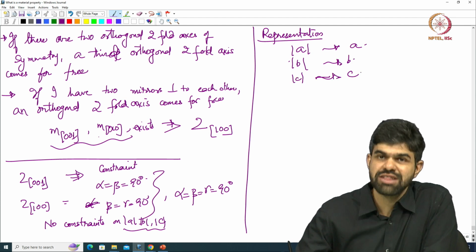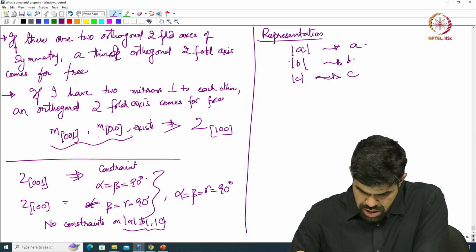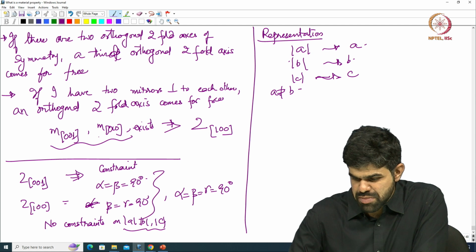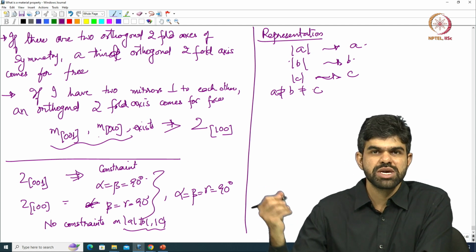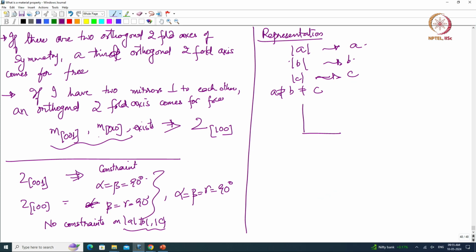These are the unit cell vectors. So, there is no particular constraint on a, b, c. That we just represent by saying a does not in general need to be equal to b, not equal to c, and that will give me a unit cell, which in general is going to be a cuboid.